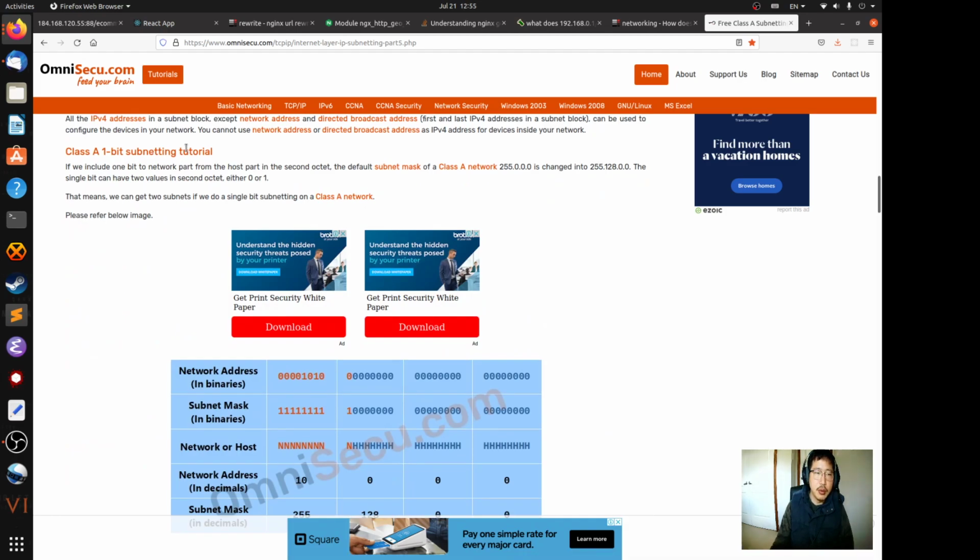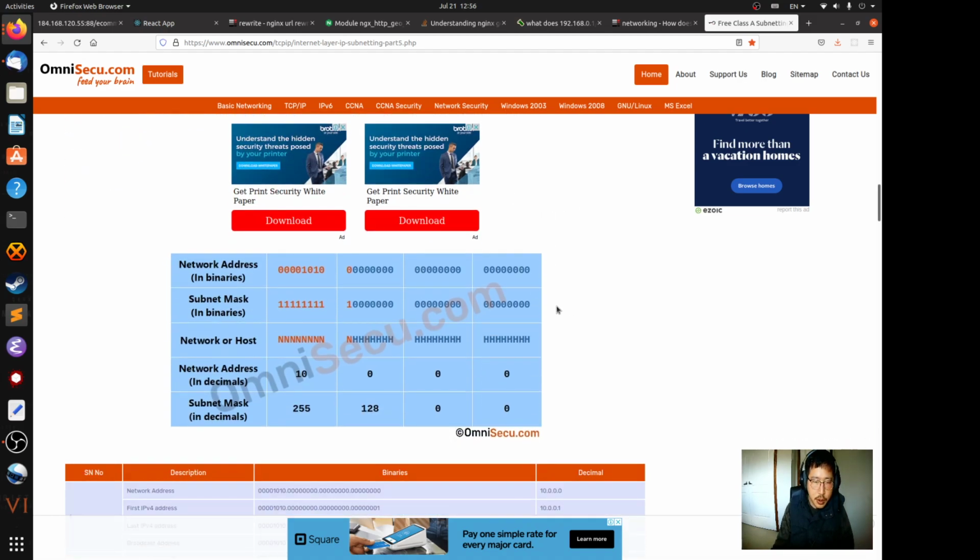Let's go through Class A 1-bit subnetting. What's changed is we are using a Class A network, so this is the network bit by default.